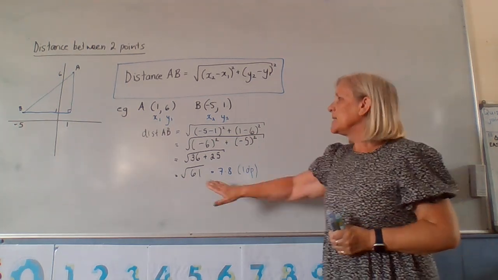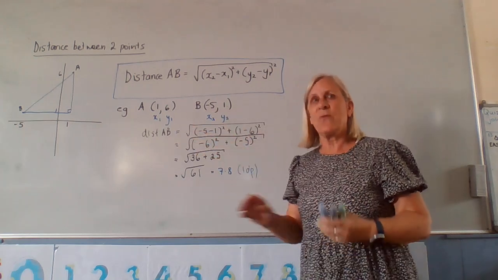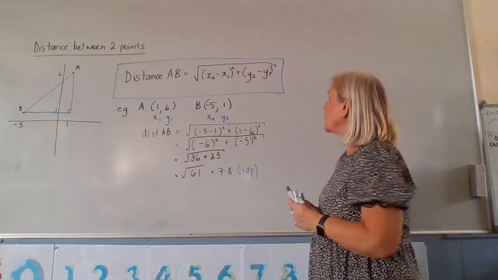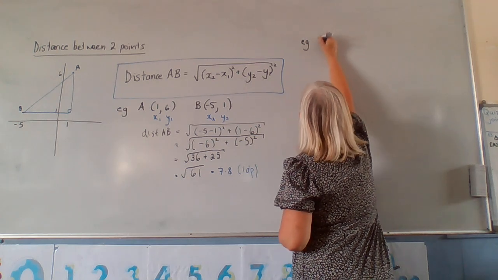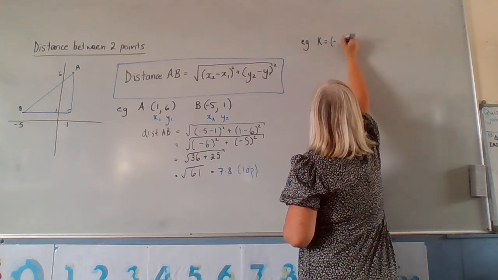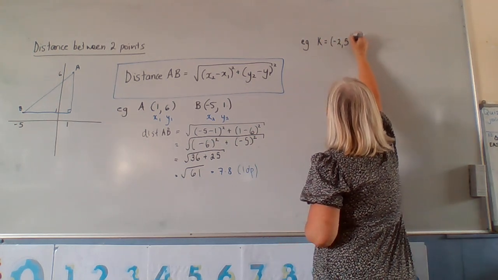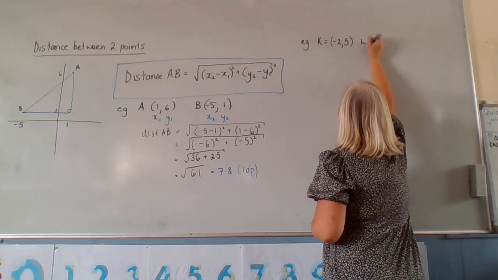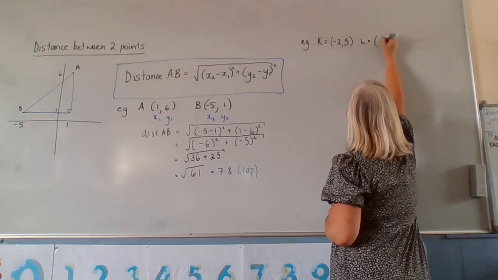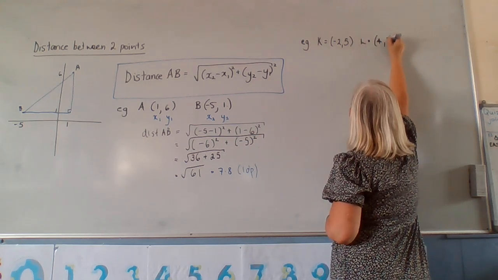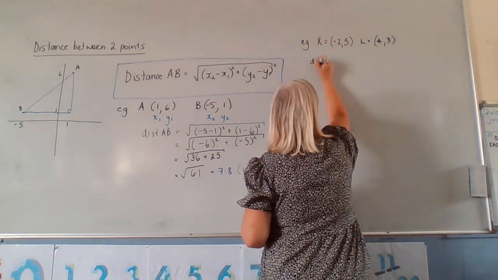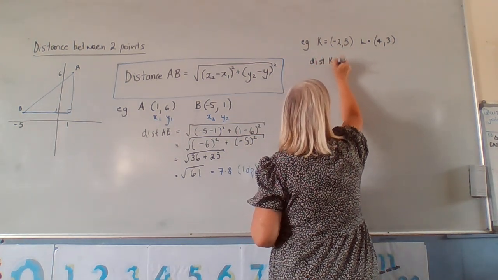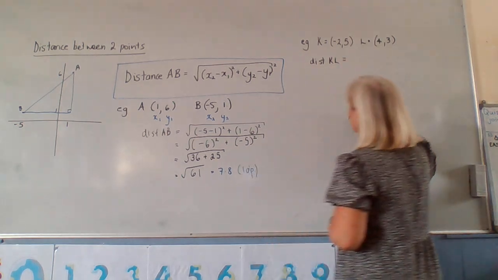Okay? So, that's one way of writing it. You may prefer to write it like this. Let's say we've got K is (negative 2, 5), and L is (4, 3). If we're finding the distance of KL, we could write it like this.